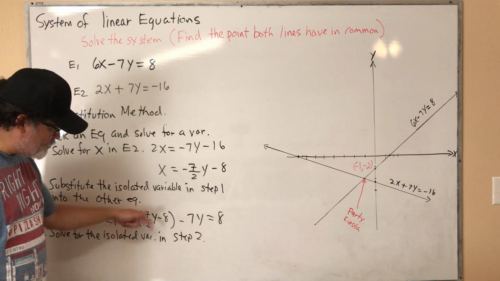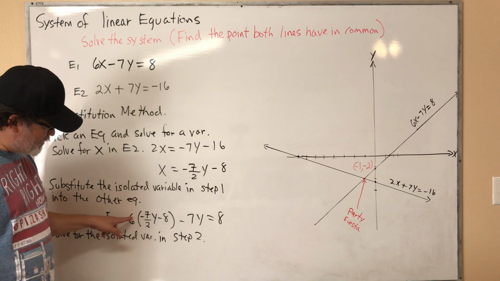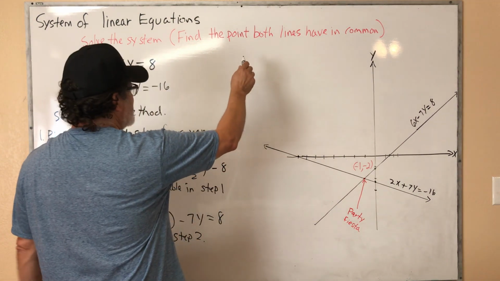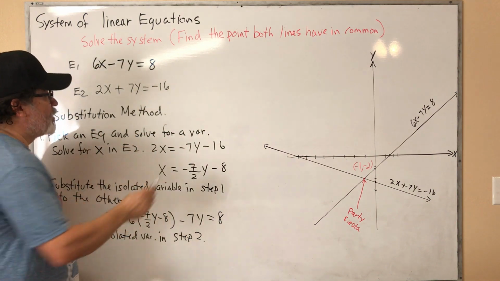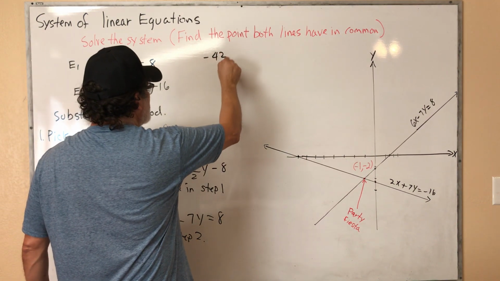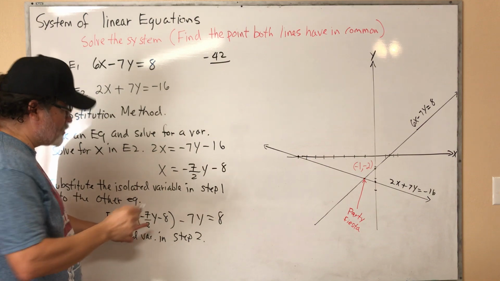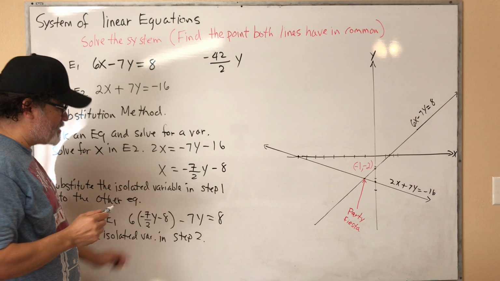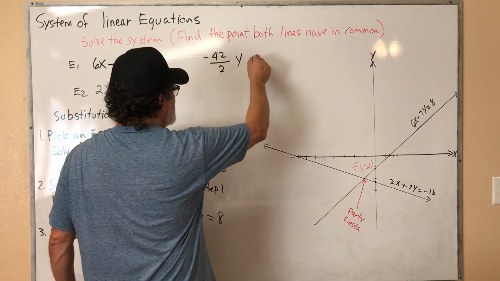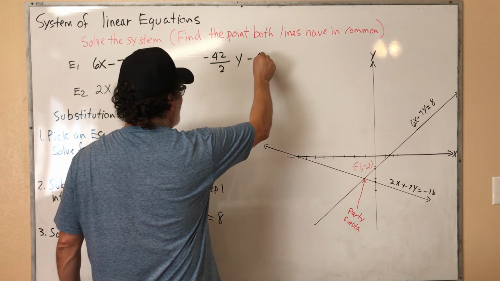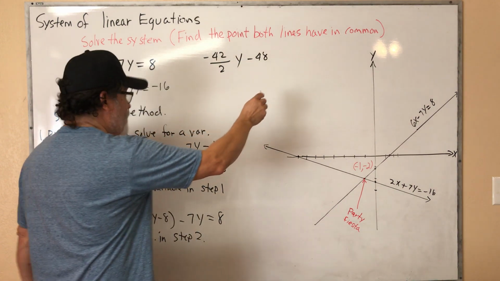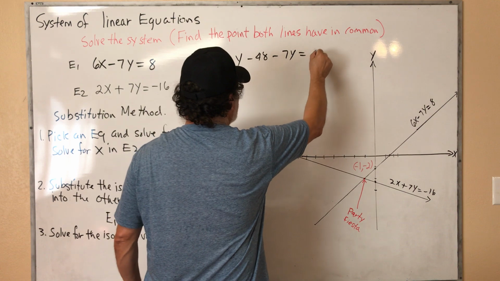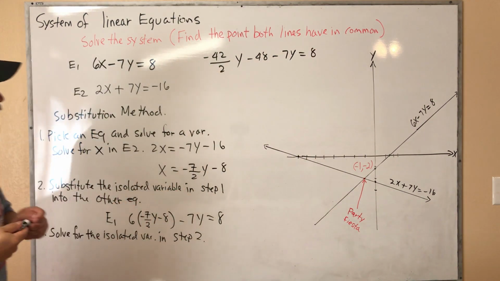I'm going to multiply 6 times negative 7. What's 6 times negative 7? Negative 42 divided by the 2 there, y. What is 6 times negative 8? 6 times 8 is 48, so this is negative 48 minus 7y equals 8. Okay, there you go.